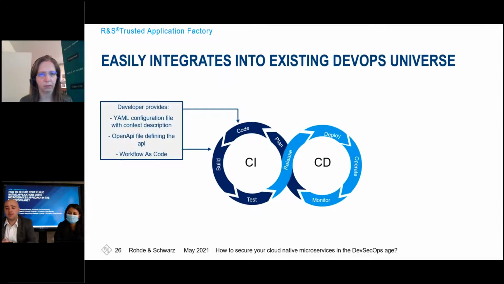So in this whole environment, we integrate into the DevSecOps universe. What we do in the code and build process is that the developer is able to write a YAML configuration file in order to tell which application will be protected, and to give some information about the context of the application in order to have a better protection, to have security engines tailored to the context of the application.